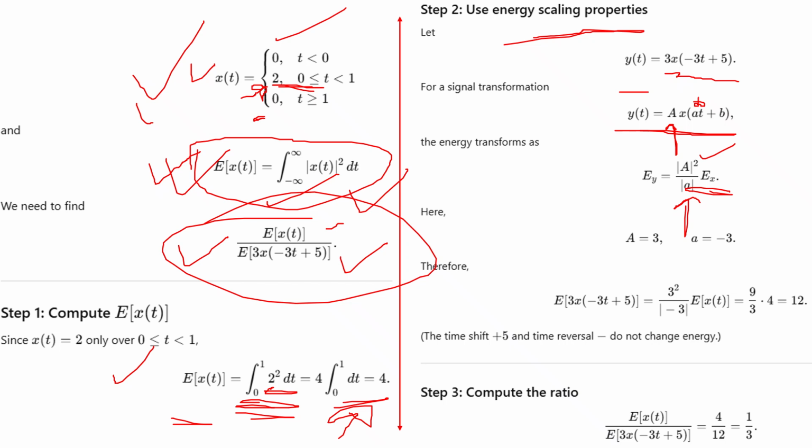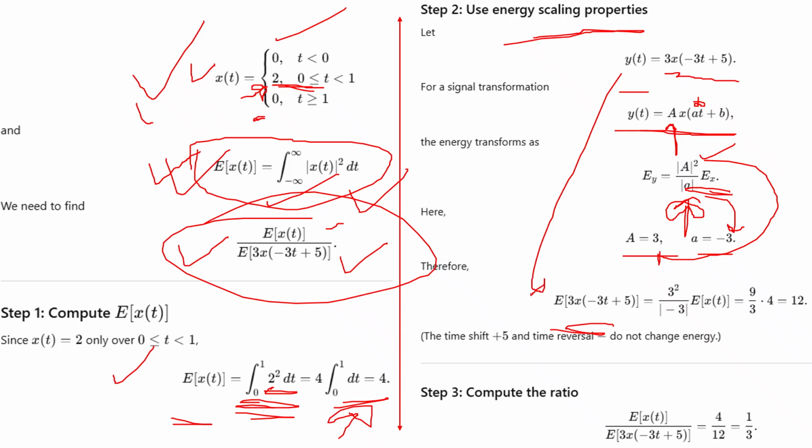We will look into the details of this after one more slide, so you can continue with it. After putting in these values, the amplitude is given as 3, and the time multiplication is also -3.